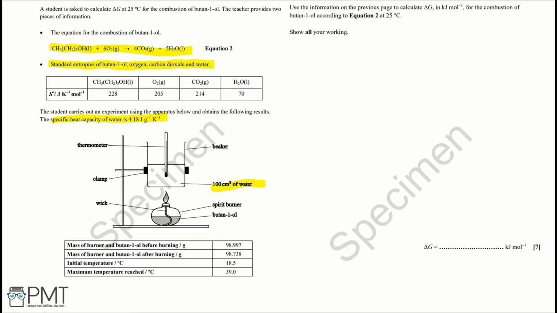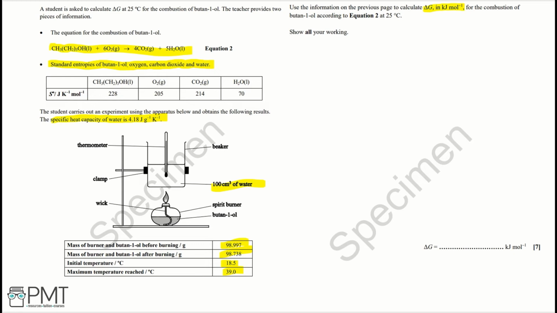Then the experimental data, specifically the initial and the maximum temperature, are going to be really important in our first step, and then the masses of the burner before burning and after burning are going to be useful in our second step. And then we need to note that we're working out delta G in kilojoules per mole.